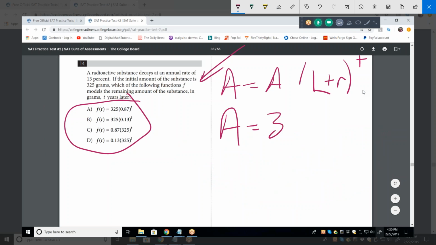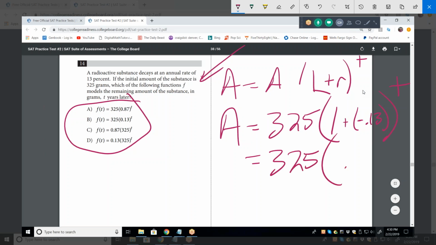We start with 325. What is r? r is 13%, but it's negative, because you're decaying. So it's plus a negative 0.13. If you work this out, you get answer A. I can't believe they did it, because it's wrong.